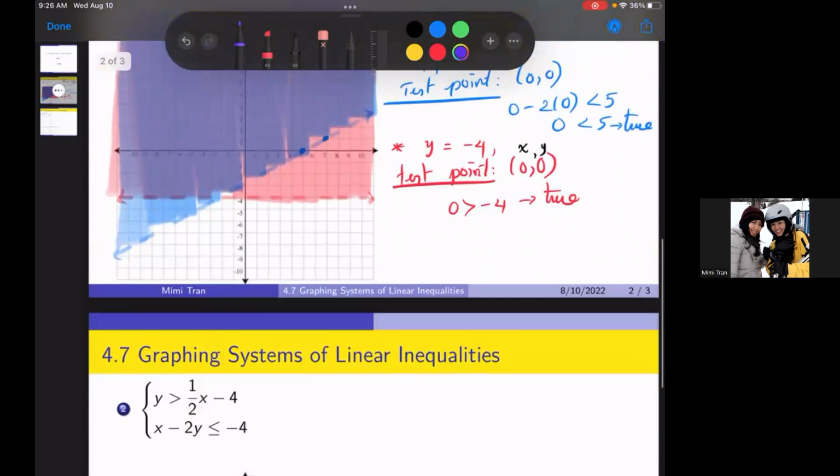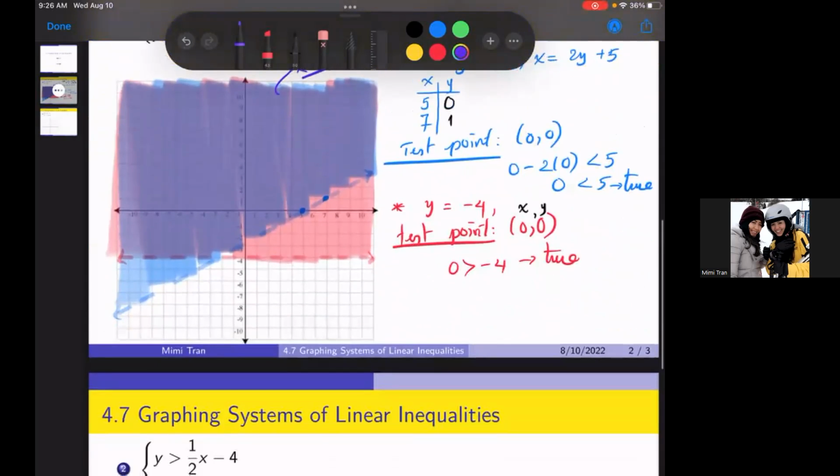Greater than, less than. Oh. How did I do this? Less than, greater than.